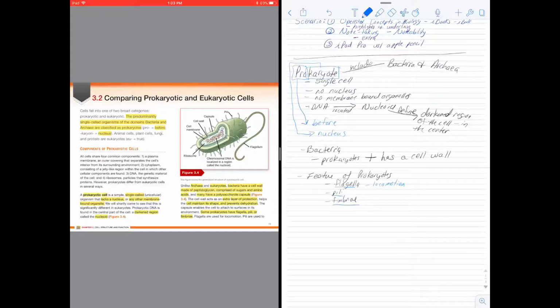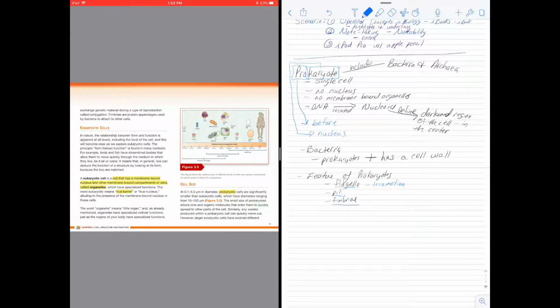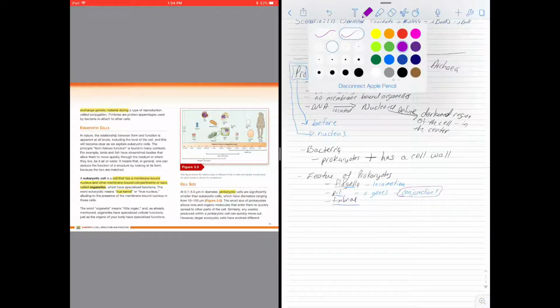Okay, pili are used for, let's go to the next page, to exchange genetic material. So I can't quite visualize what pili are, but I'm just going to say what the function is, which is to exchange genes, okay? And it does that in conjunction, okay? So conjunction, again, not a word that I might remember, so maybe I need to kind of circle that to remind myself that I need to go and define that in my notes, okay?